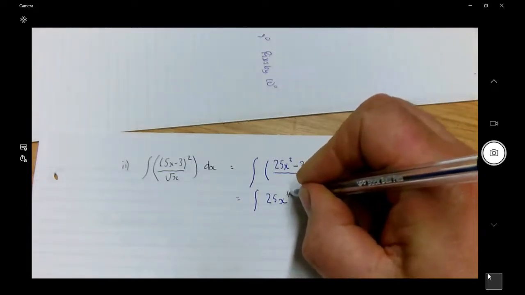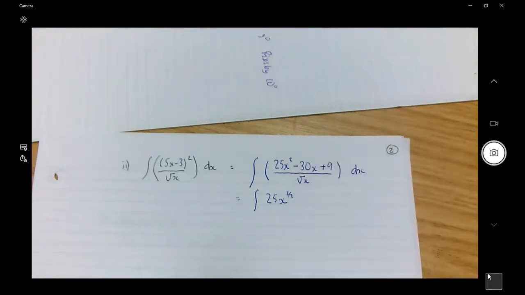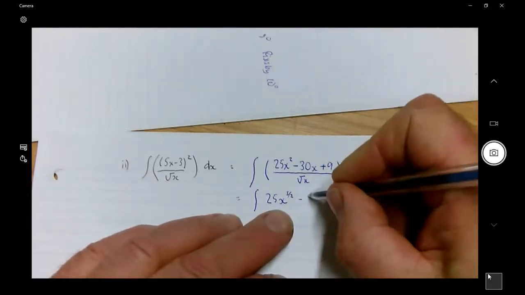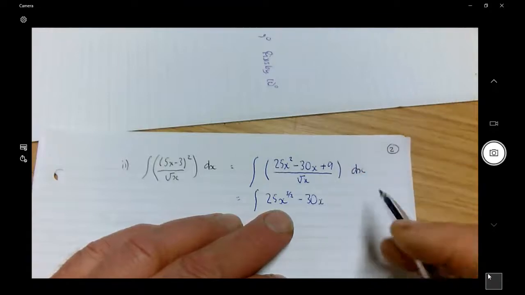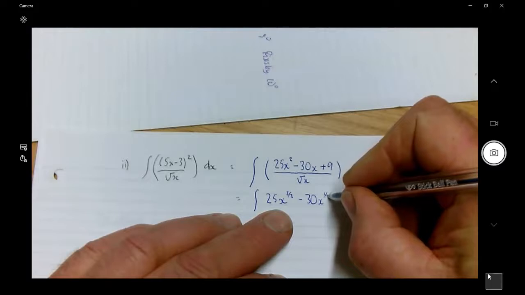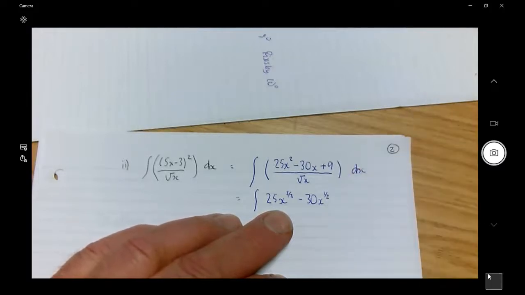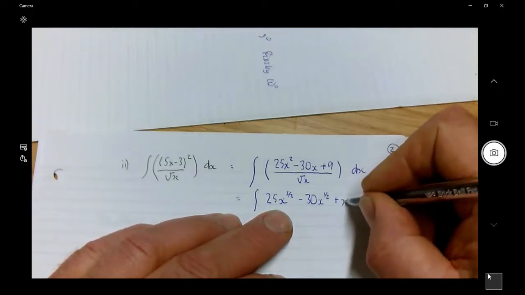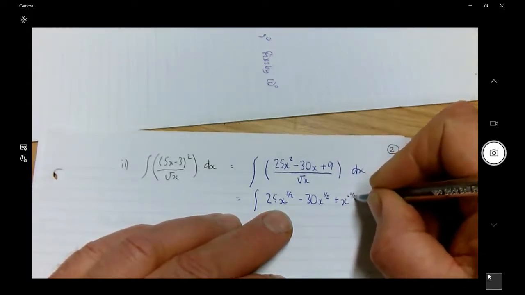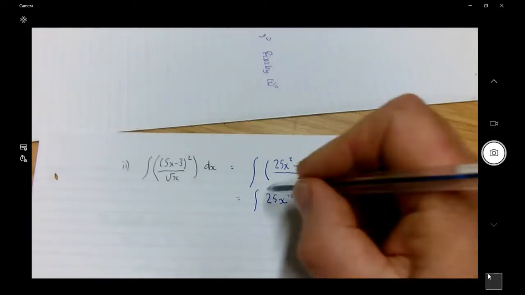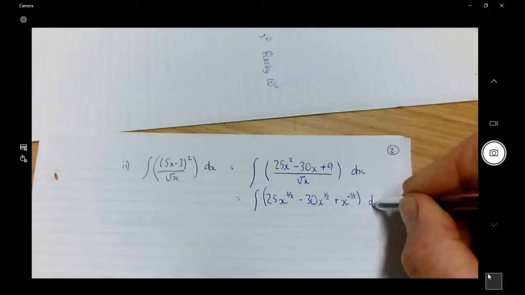But we tend to write them as top-heavy fractions. 3 over 2, you'll see why in a minute. So it's 25x to the power of 3 over 2 minus 30x. Now that's the power of 1 divided by root x is the power of a half, plus 9x to the power of minus a half, because it's x to the power of 0 minus a half, and we're integrating the whole thing with respect to x.